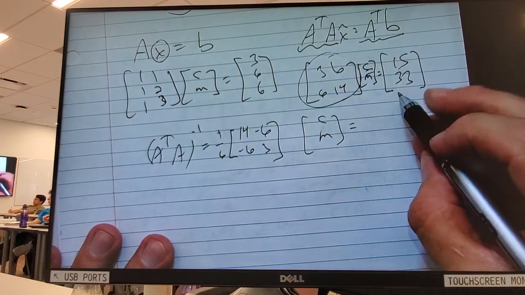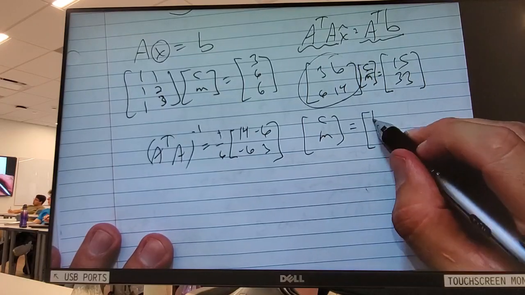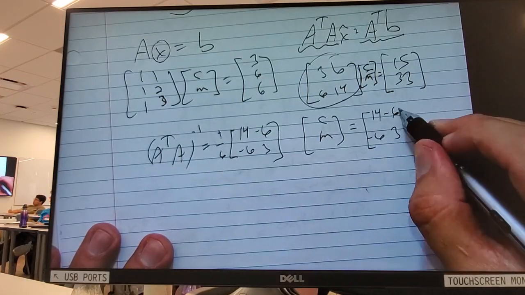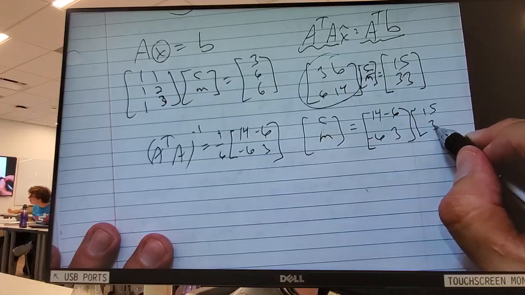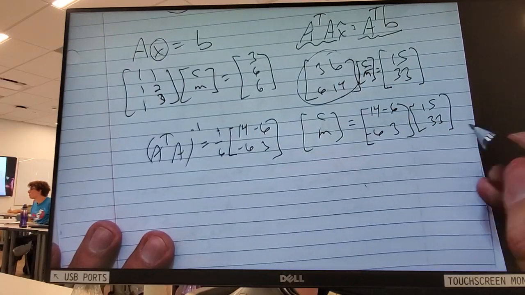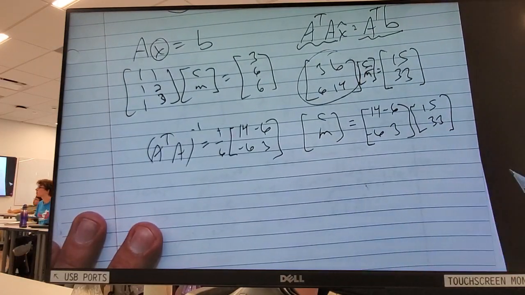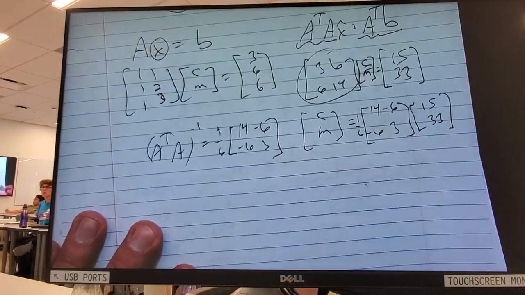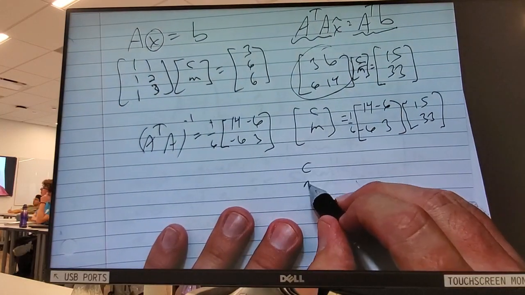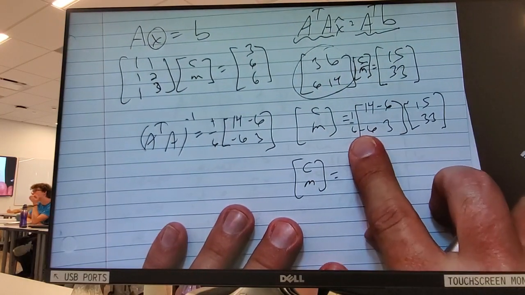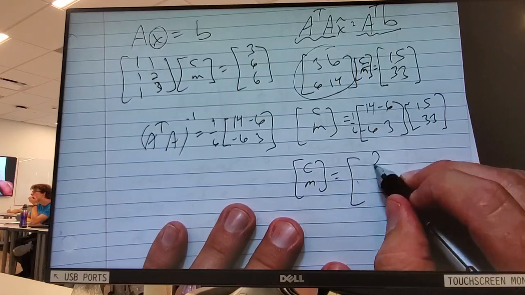So I'm going to multiply this side by that. Wait, what about the 1/6? Oh, sorry, 1/6. Thank you. If you do all that, the 1/6 can just wait till the end. You should get this at the end.